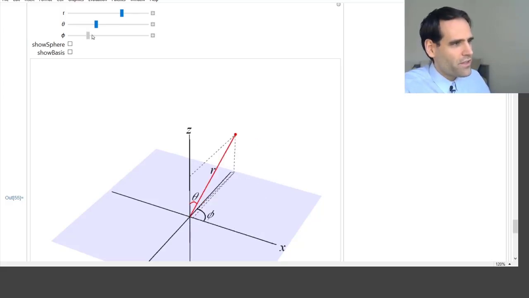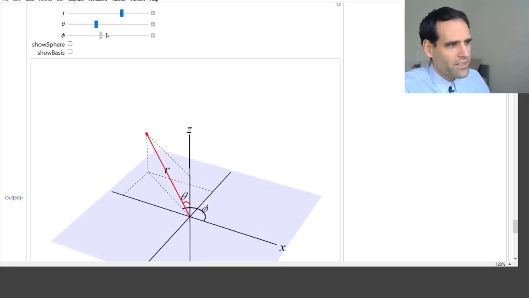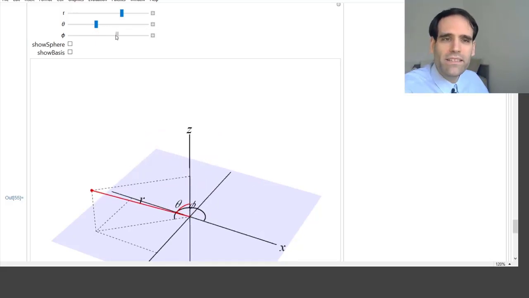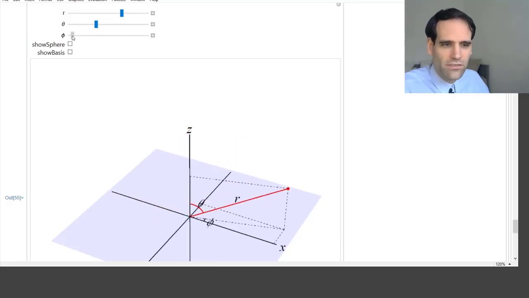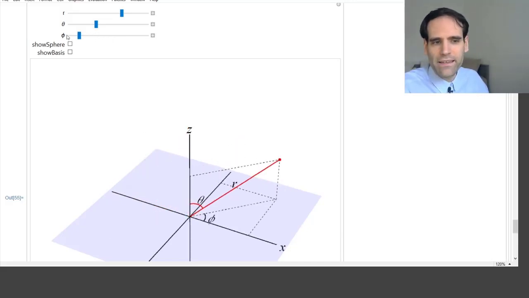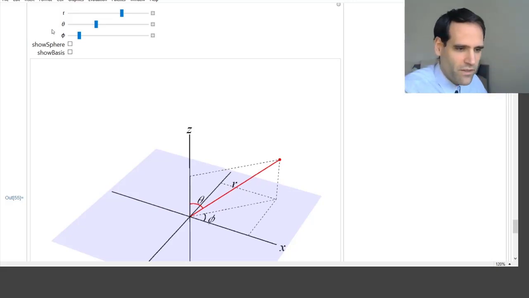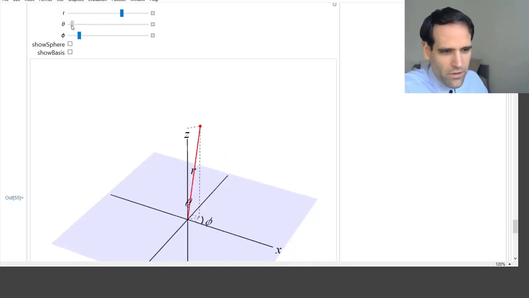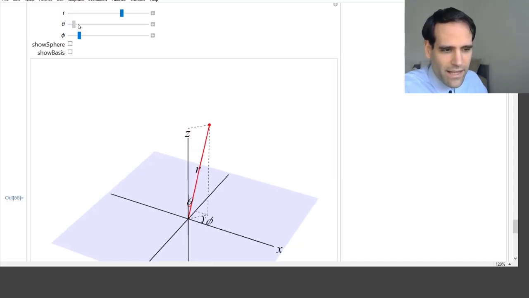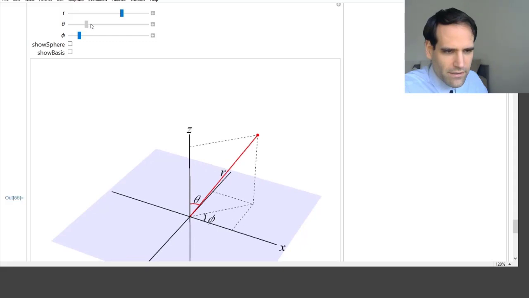Now let's start by changing phi. If we change phi, we already know what happens. We move around the z-axis. This is identical to what happened in polar coordinates and also in cylindrical coordinates. So the angle phi is the same phi for the three cases. But now the angle theta is very interesting because theta goes from theta equals 0, which means that we are on the z-axis, and then you can increase theta, and this moves the point away from the z-axis.